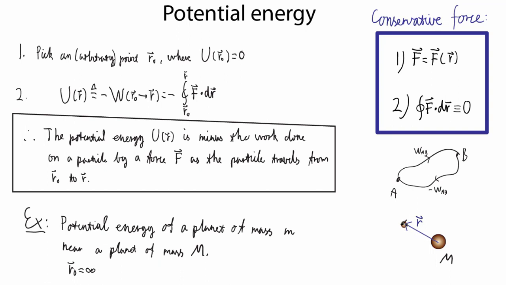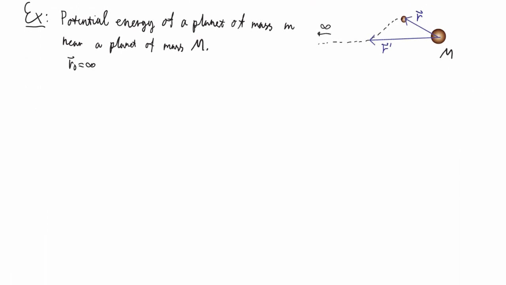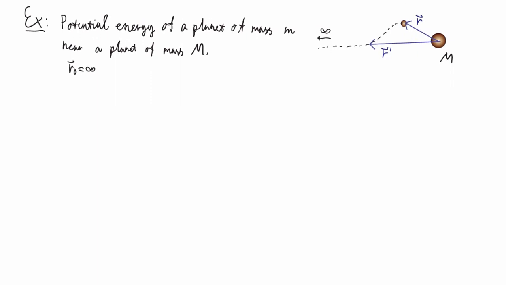So if we choose a path all the way to infinity that the planet might take, then over at infinity the potential energy is set to be 0. I'm also going to call any point on this path R prime. Then in order to define potential energy, we have to calculate the work and show that it is path independent.